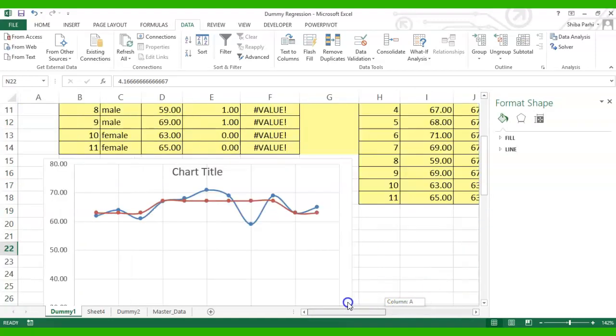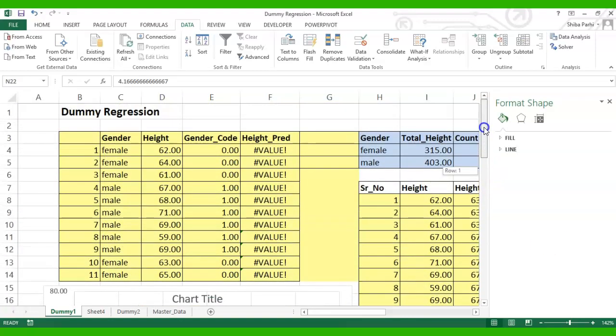By taking this intercept and the regression coefficient, let me take the predicted height.